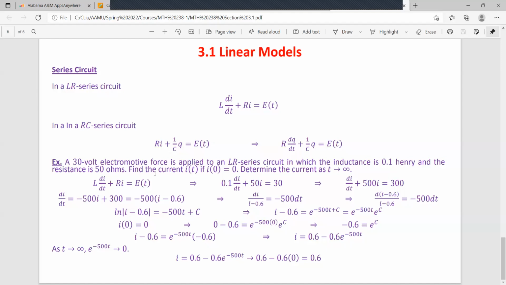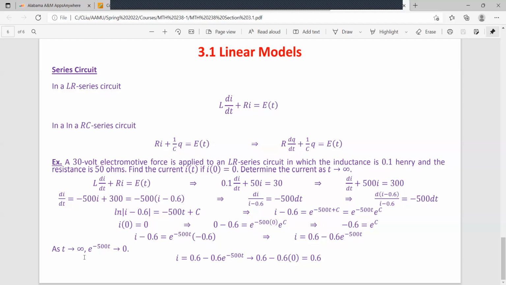So that's the first question, find the current I of t. And then when you determine the current as t approaches infinity, we need to see what happens when t becomes large. So remember, when t becomes large, you get a large negative number in the exponent of e, and then the limit of that will be 0.